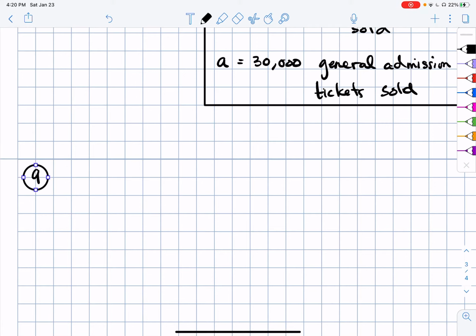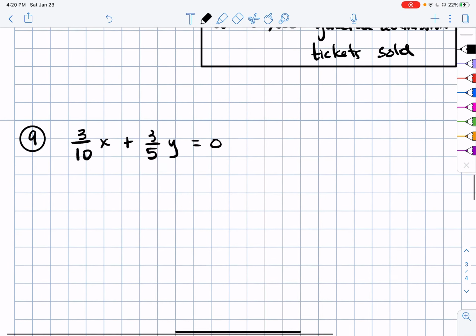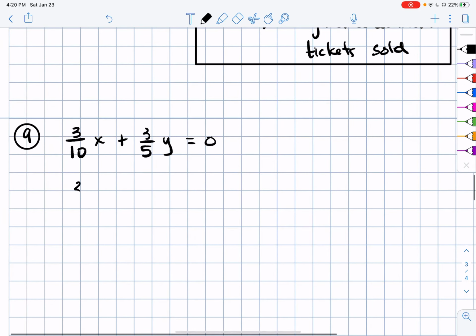Boom, right there. So let's see what number 9 is asking me. Number 9, I've got to do elimination. So I've got 3 over 10 x plus 3 over 5 y is equal to 0. And I also have 3x plus 2y equals 20.